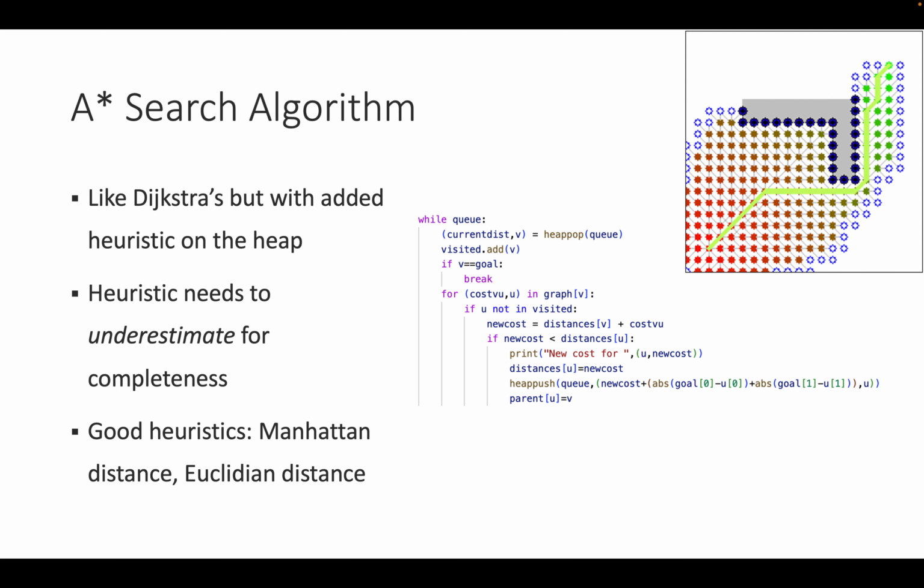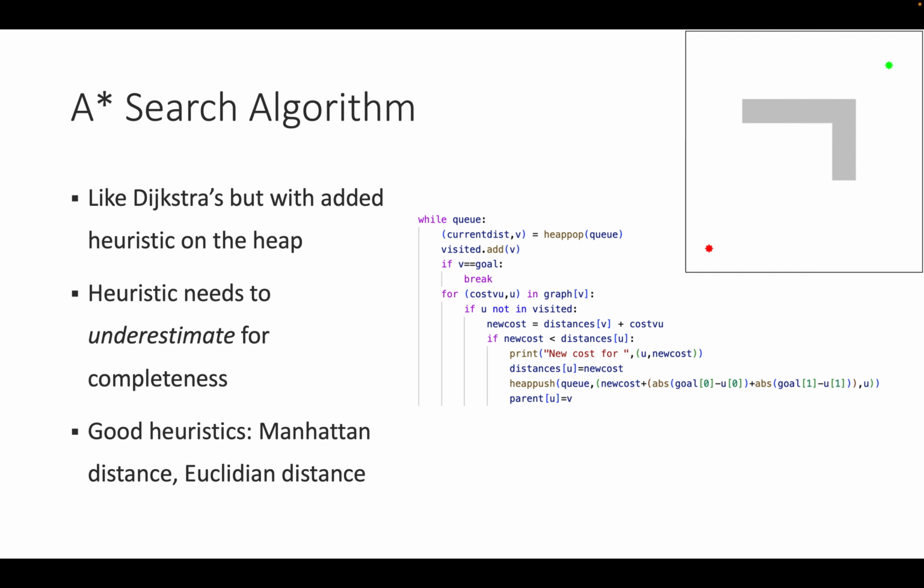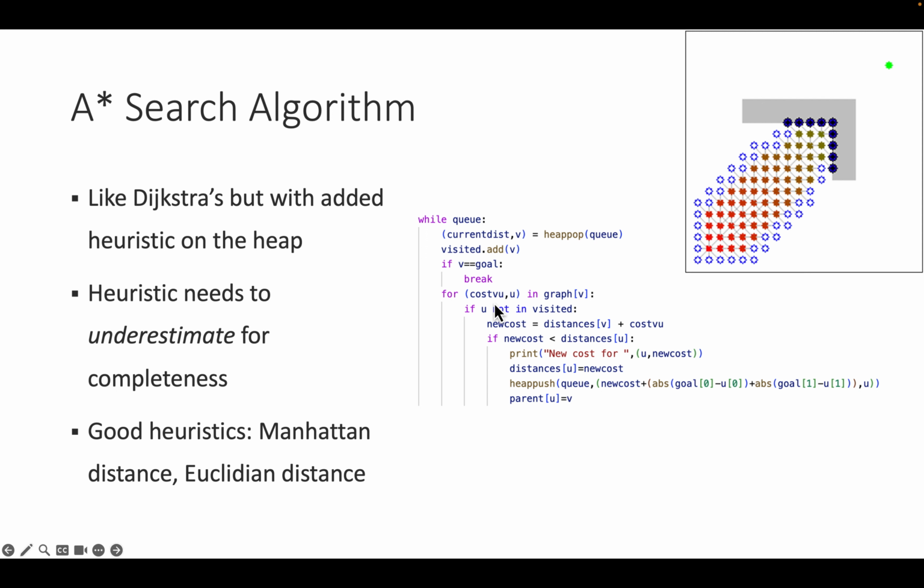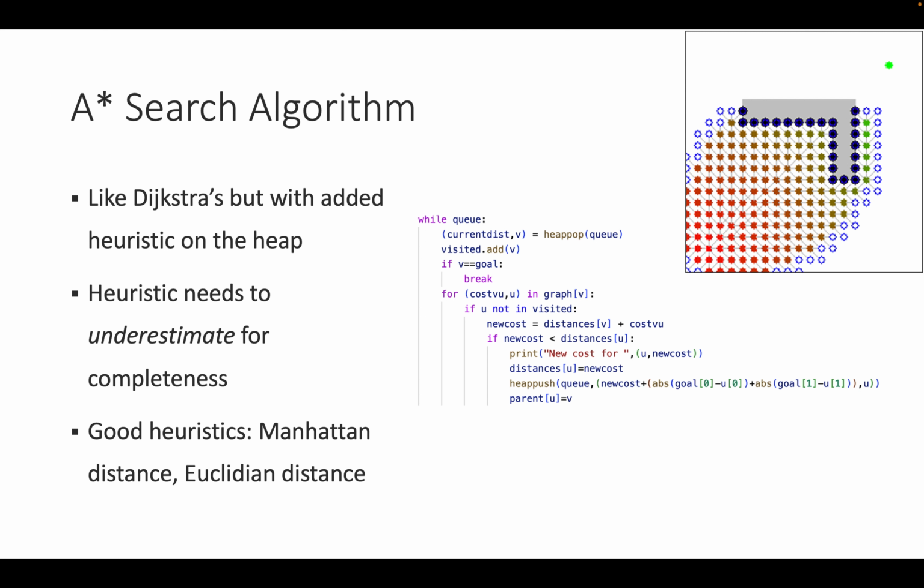So how is this done? I use the same algorithm as before. I use Dijkstra's algorithm where I draw the node with the shortest cost to the goal, but this time I encode not only the cost that I have already incurred, but I'm also adding an estimate of the cost to the goal at every point.